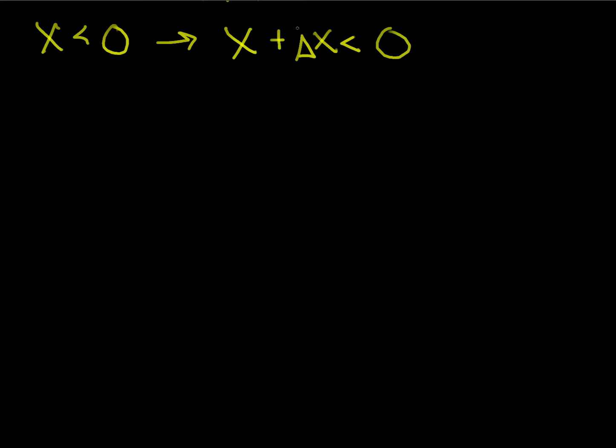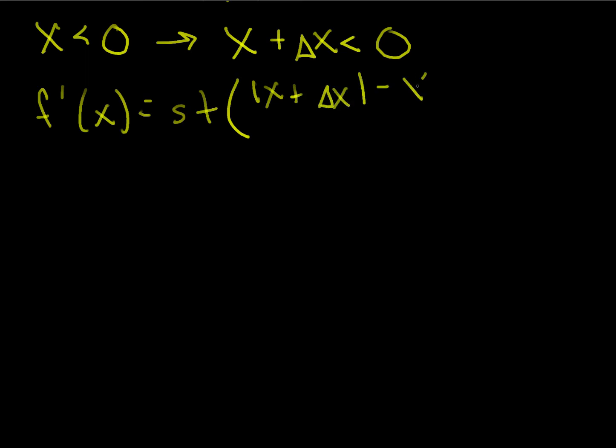So this sum is still negative. And so if x is negative, we have that f prime of x is equal to the standard part. So none of this really changes. x plus delta x minus the absolute value of x, all divided by delta x.